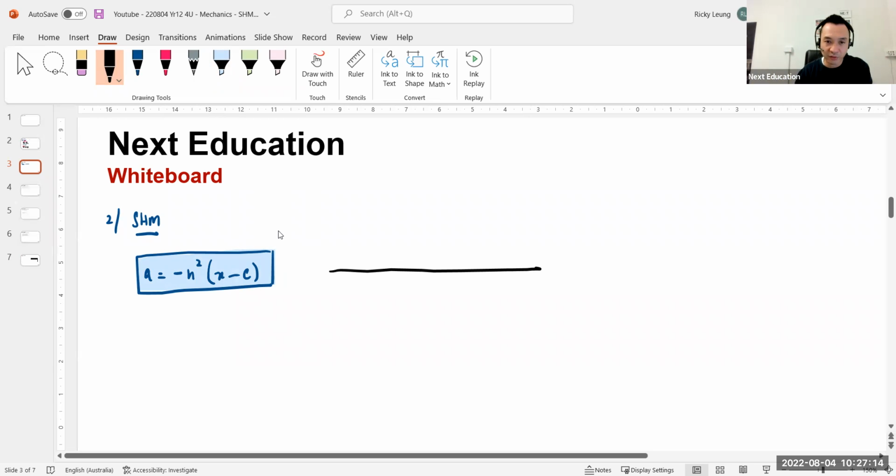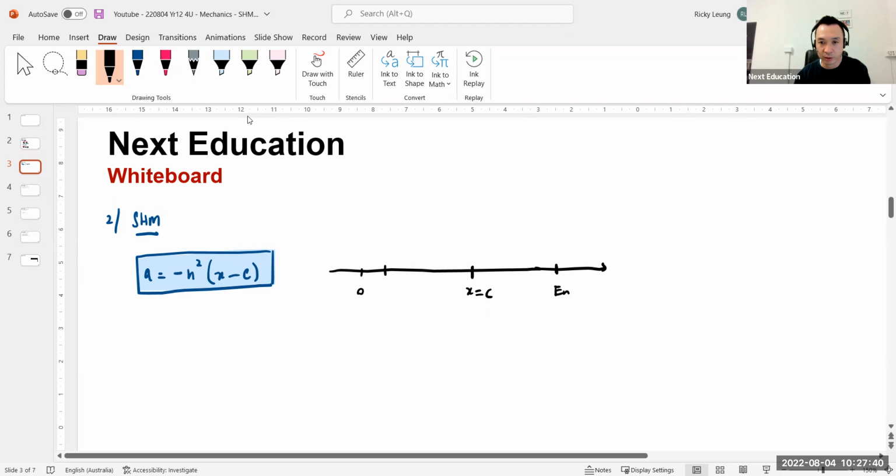Diagrammatically, just to illustrate, if I had 0 there, that's the origin, right? If I had some sort of center being over here, x equals c. Simple harmonic motion basically says there's a particle that would move left and right on this, but it cannot move past, it's bounded by the endpoints, right?